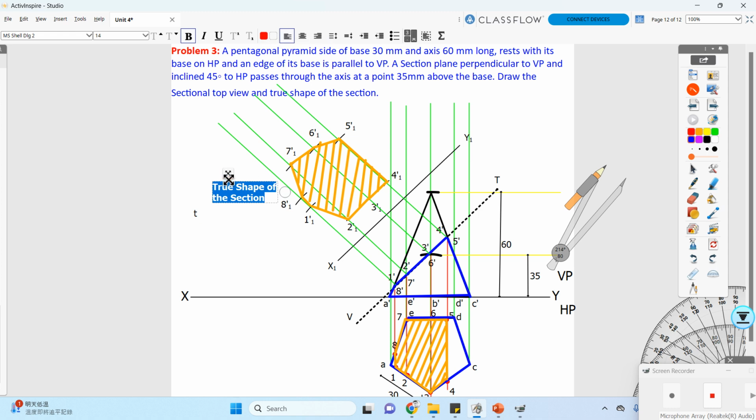This is the true position. Okay, then this is your front view, and this is your sectional top view.